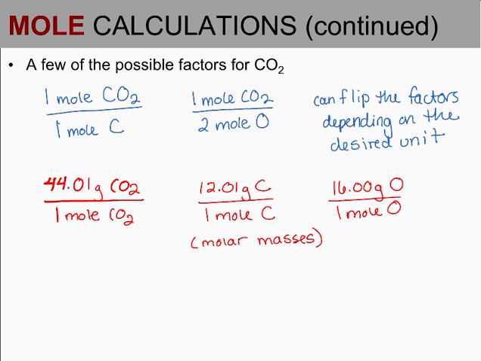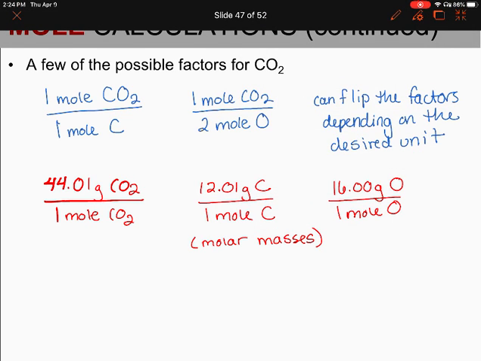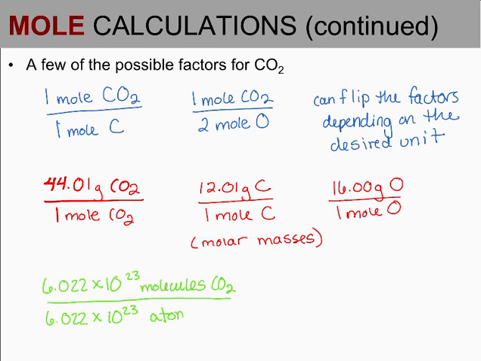And then finally, we have Avogadro's number. Let's see, I'll use green this time. So if we have 6.022 times 10 to the 23rd molecules of CO2, that means that we have 6.022 times 10 to the 23rd atoms of carbon.